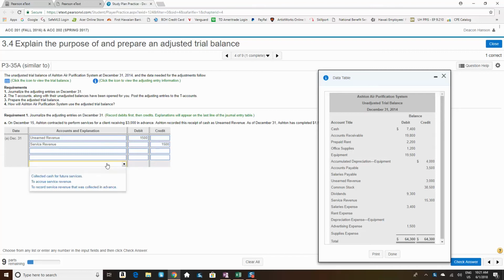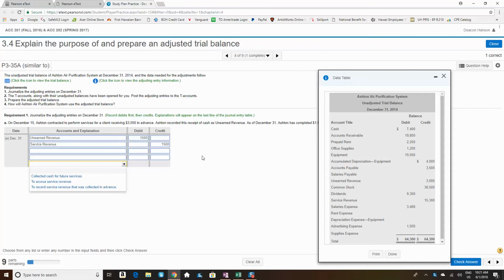Now, unearned revenue is an example of a deferred revenue account. So this deferred revenue is a liability. It's sitting over here with the other liabilities. And the reason we call it deferred revenue is because we're deferring the recognition of revenue until it's actually earned.